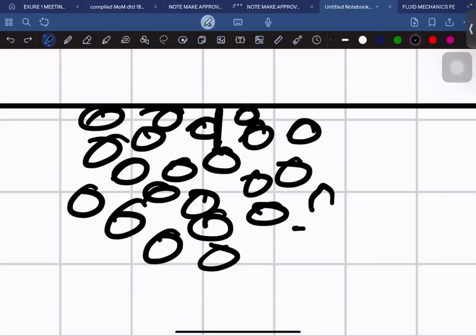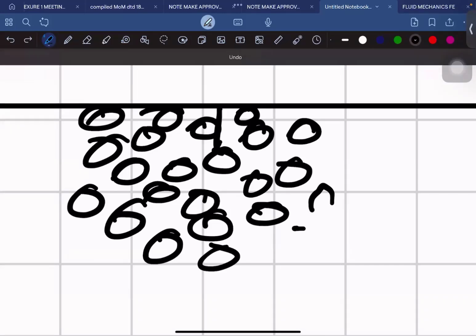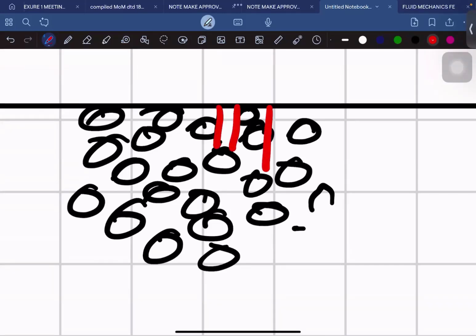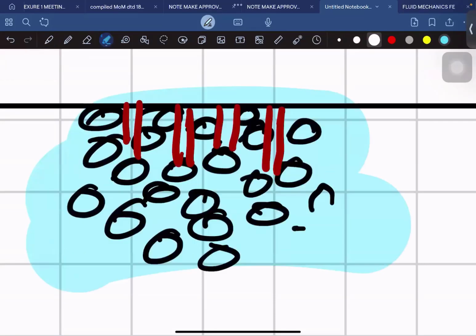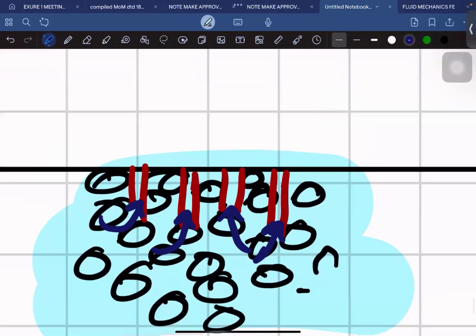Different types of microtubes will naturally occur, and there will be water inside this soil because of the rains. If the tubes are narrow, the water will try to come up, which we call capillary rise of water.